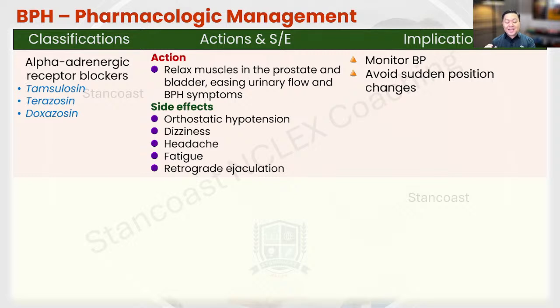So before they're going to stand up, make sure that their feet are planted on the ground, okay? And they kind of wiggle their toes, maybe wait for a good 5 minutes, keep that circulation going before standing up, or maybe have a walker right in front of them, or maybe a cane in order to help them out just in case they get dizzy. And so this is something that you need to teach them to avoid sudden positional changes. It always accompanies the prevention of the orthostatic hypotension.